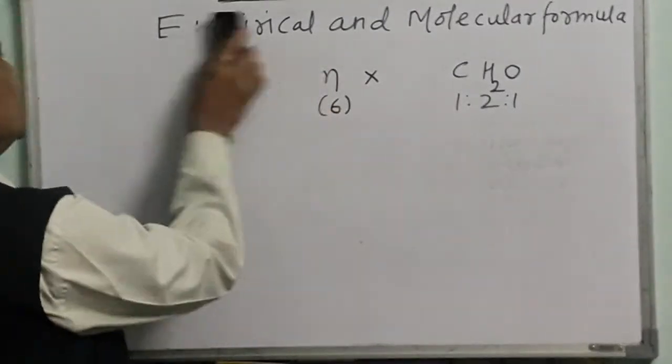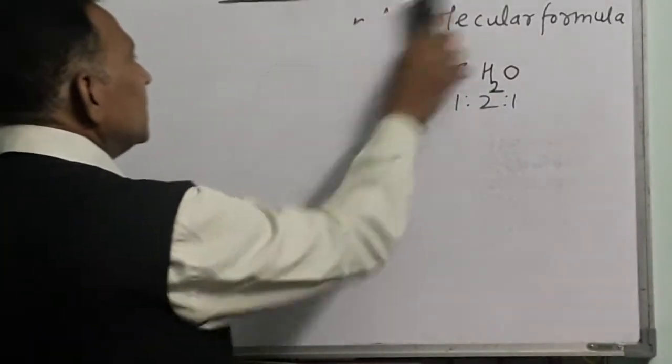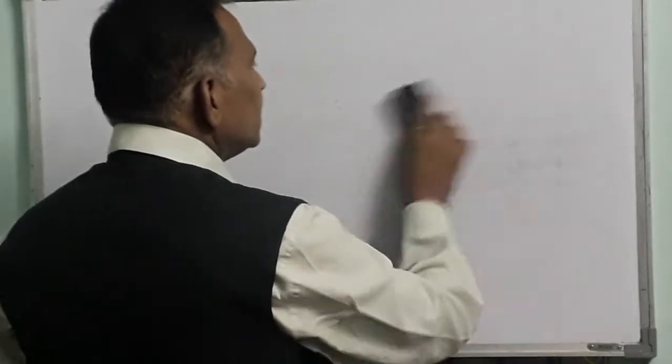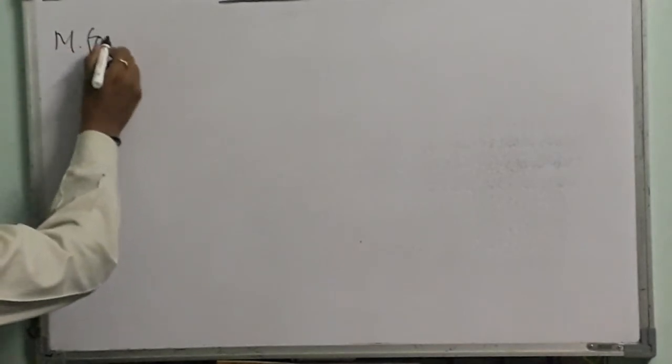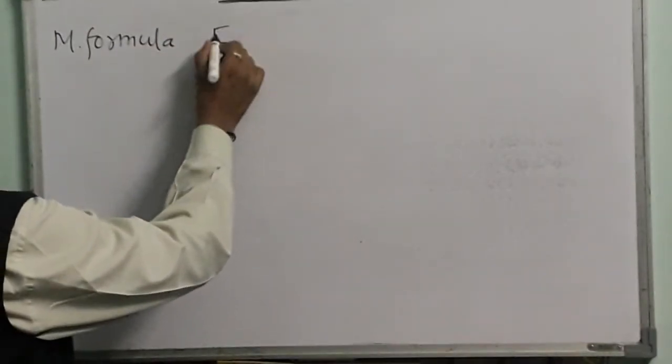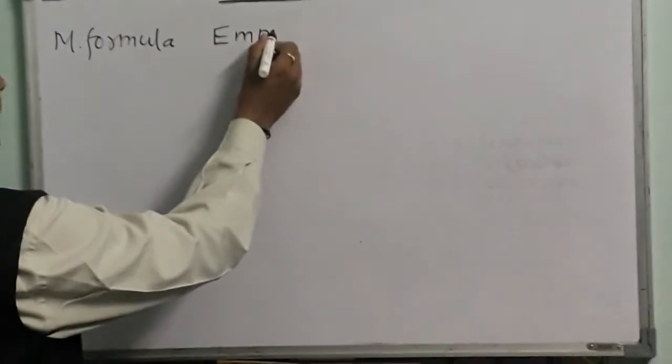So I will write it in typical tabular form as follows. See now. So I will write over here molecular formula. In short, we can write M for molecular formula. Then here we'll write empirical formula.